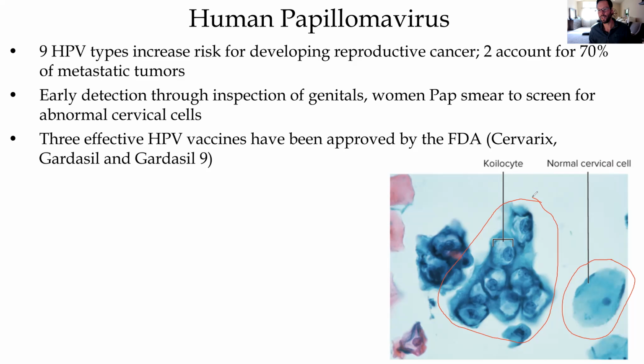You can also see that the nucleus is enlarged compared to this, and the cell overall is smaller, okay? So it just screws up these cells, and that can be detected by doing a pap smear. And the idea is that hopefully you catch it before it becomes metastatic or before it becomes a full-blown tumor.